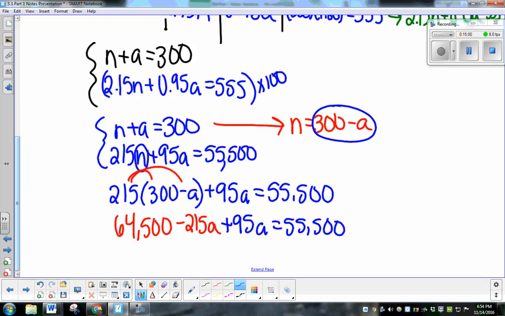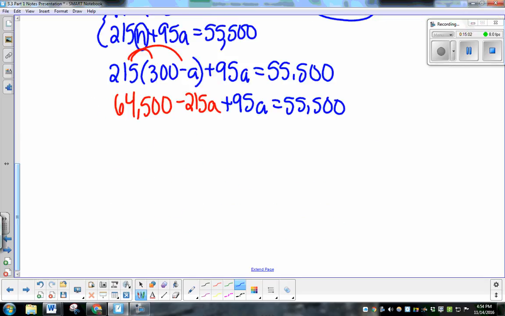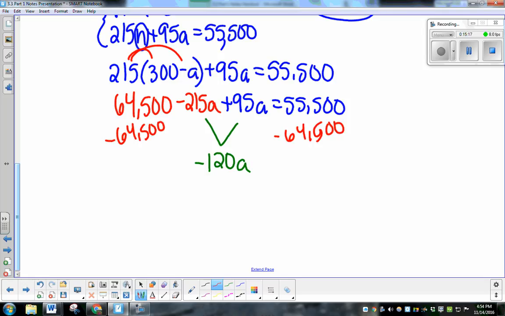All right, so then I'm going to do two things at once here. I'm going to combine these like terms. Negative 215A plus 95A is negative 120A. And then I'm also going to subtract 64,500 from each side. So I'm going to be left with negative 120A equals this subtraction, which is negative 9,000.